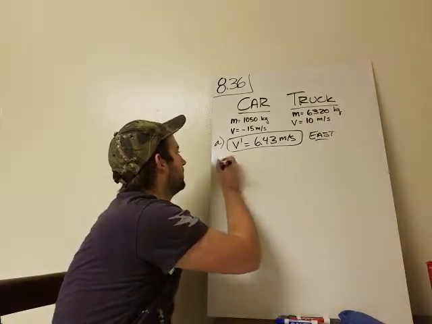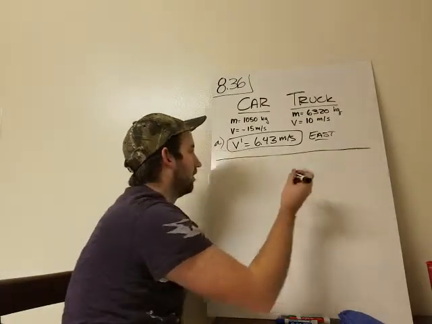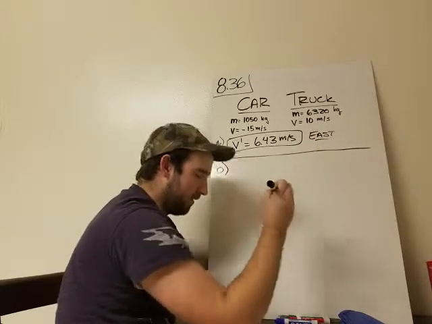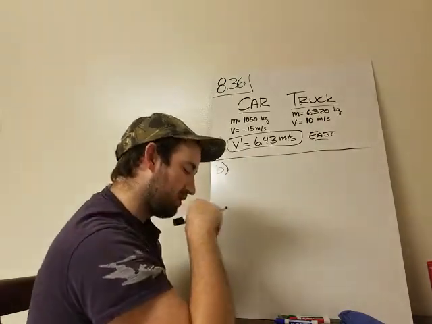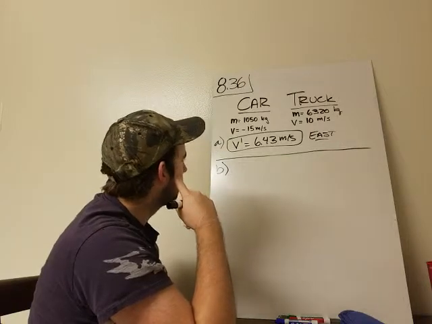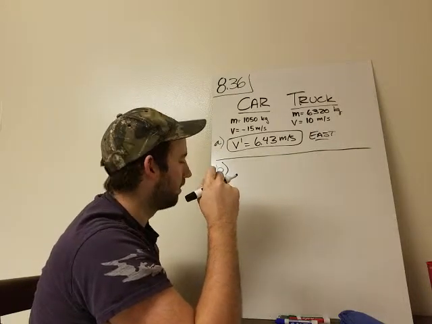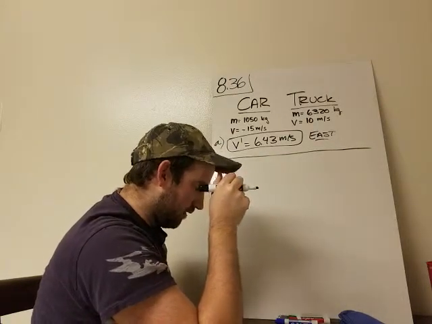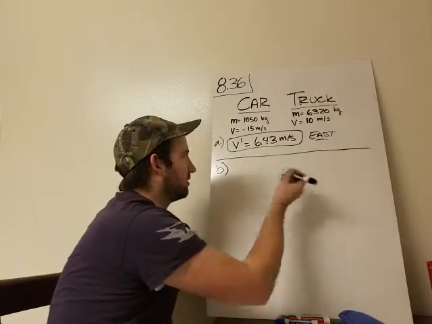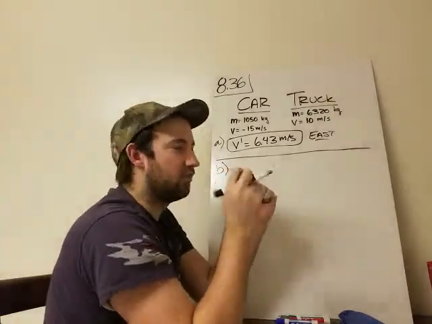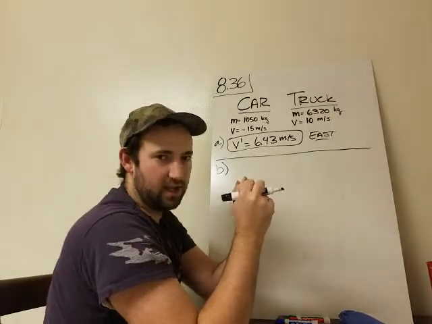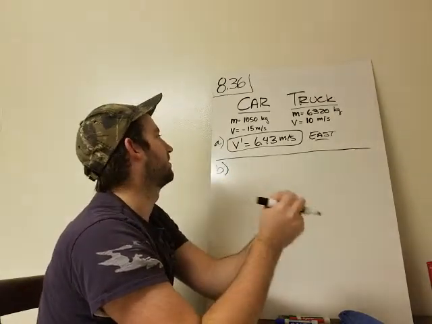So what velocity does that need to be? The way we'll do this is to look at the momentums. If they're going to stop, they need to have equal momentum, and then it'll cancel out and they'll stop.